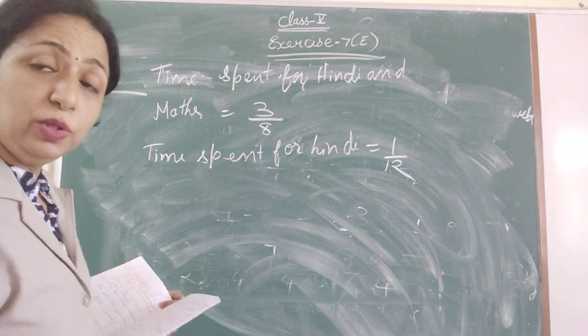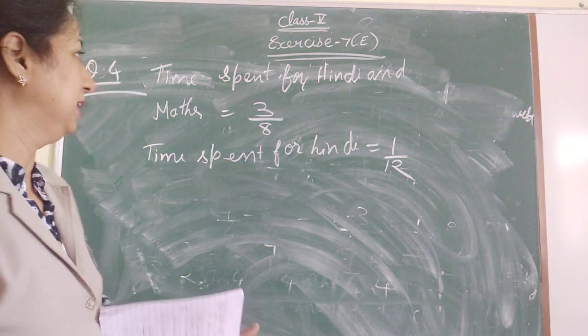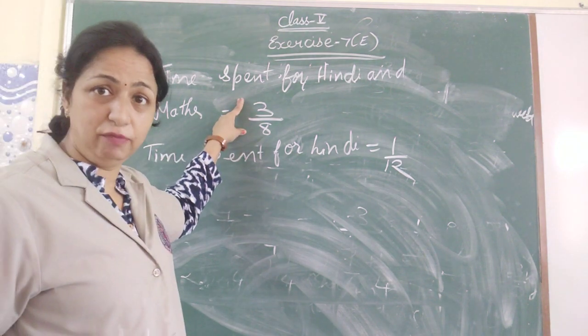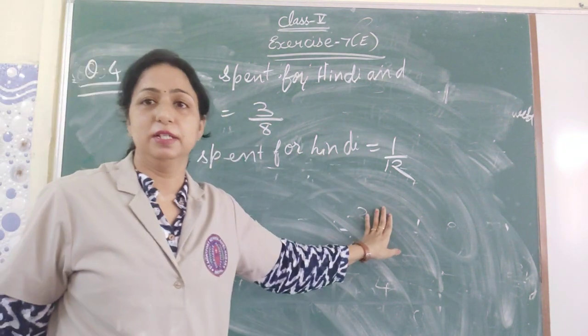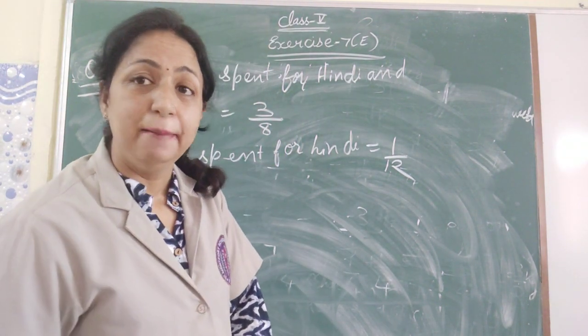Now what you need to find is only the time spent for mathematics. This was the time together he spent for Hindi and mathematics, and this is the time he spent for only Hindi. So you need to find for mathematics.